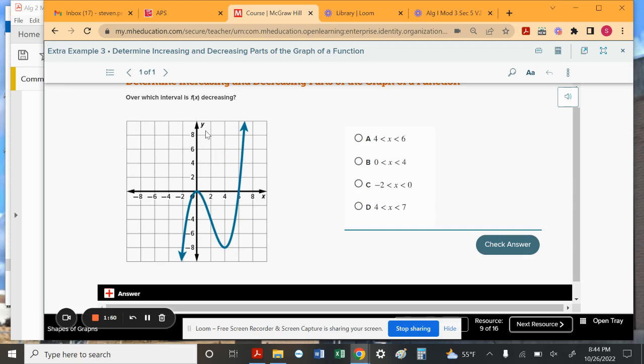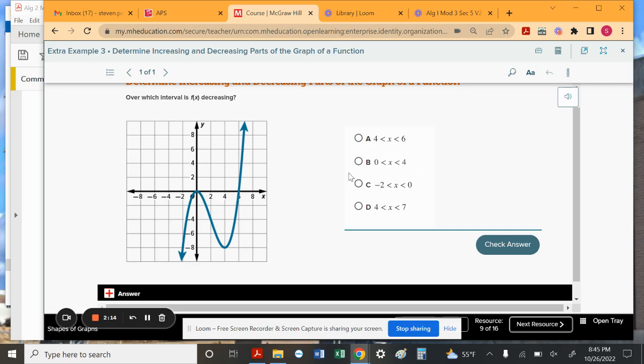When we're looking at where the function is increasing or decreasing, we look at the x values, not the y values. So here x is 0, and as we walk along the x-axis, at 4, which is down here, the function starts increasing. So the function is decreasing between 0 and 4.